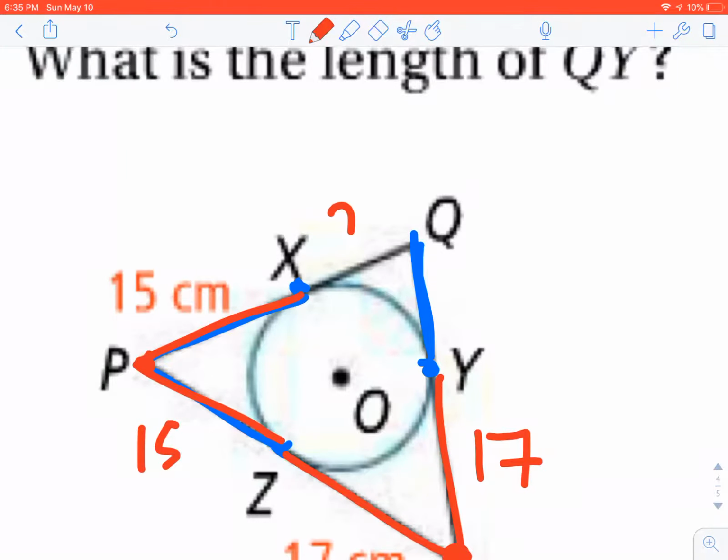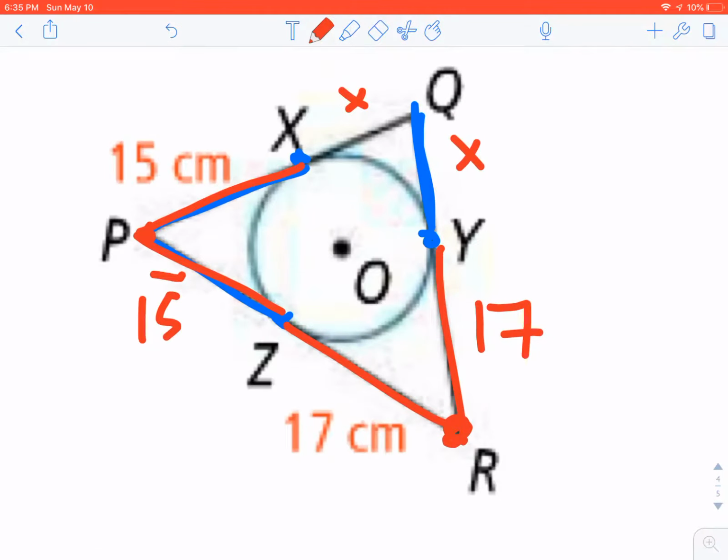Now, this piece and this piece, I don't know, so I'm just going to call them X. I can call them both X because I don't know their value, but I know they have to be the same length. Okay, so whatever the length is, it's the exact same. So I can call both of these X and X.